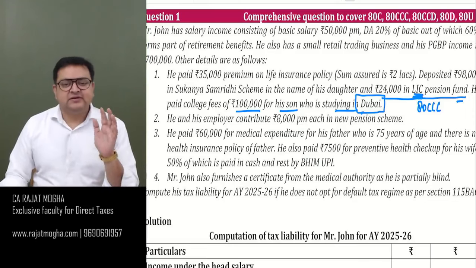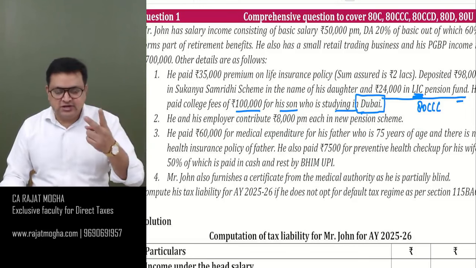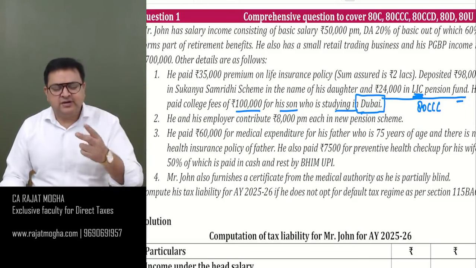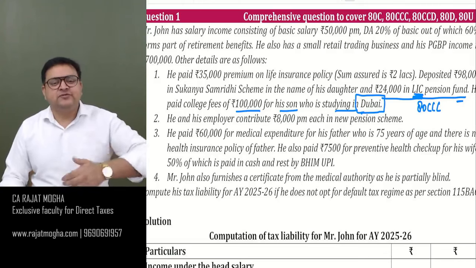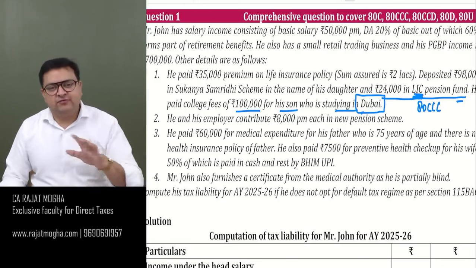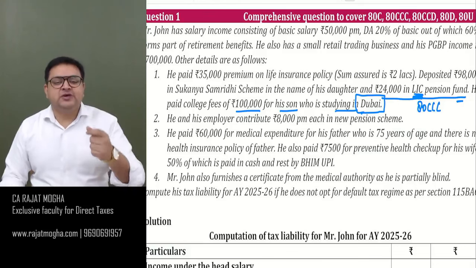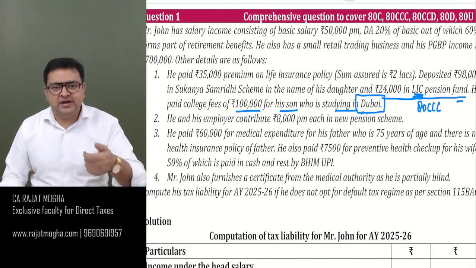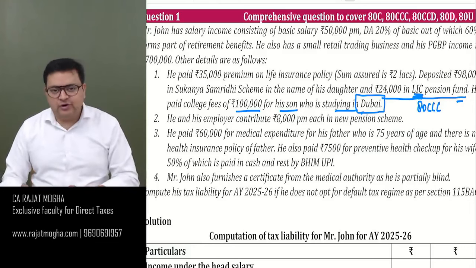Everybody okay with this? 80C is available for a maximum of two children, and the maximum limit is 1.5 lakh. Tuition fees means school fees or college fees, institution fees for a full-time education. It is available only if the education is in India. If it is outside India, we will not get it. So in this case of Dubai, we will not get it under 80C.